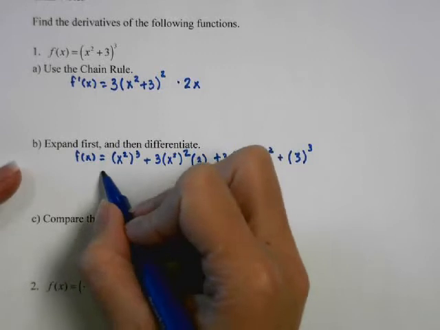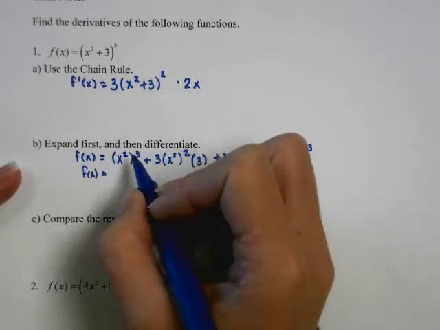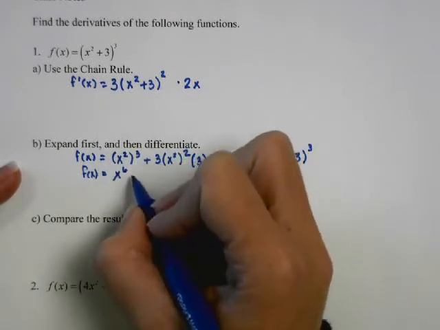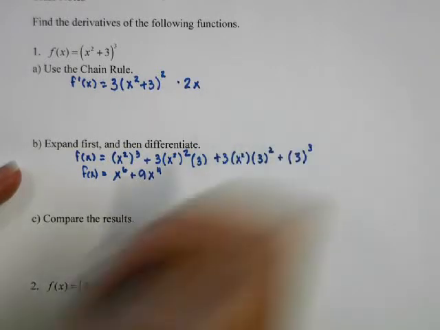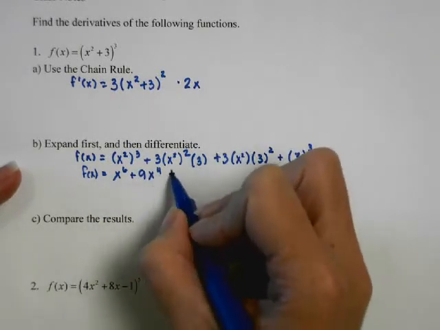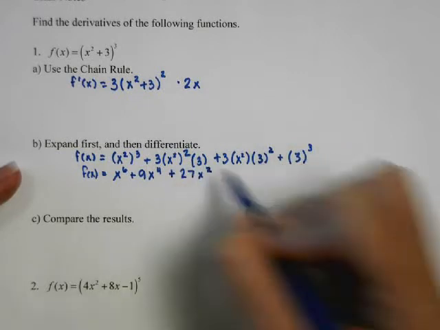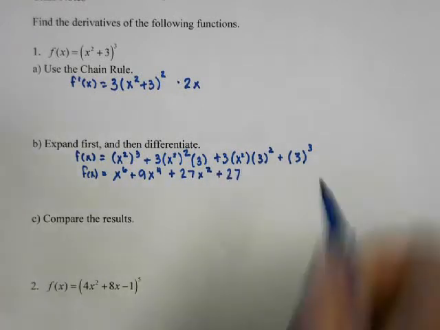When I simplify all of this down, we're going to have x to the 6th plus 9x to the 4th plus 27x squared plus 27.